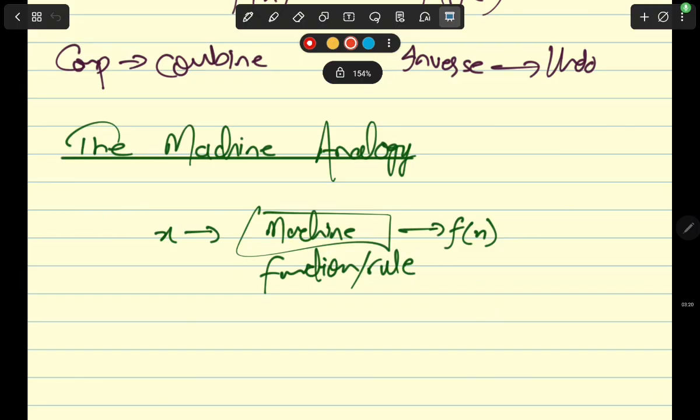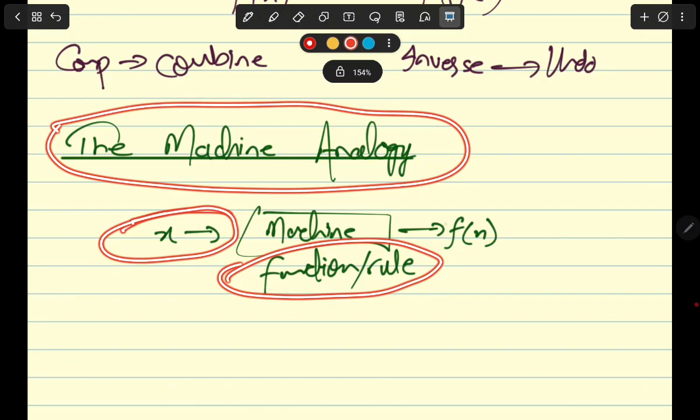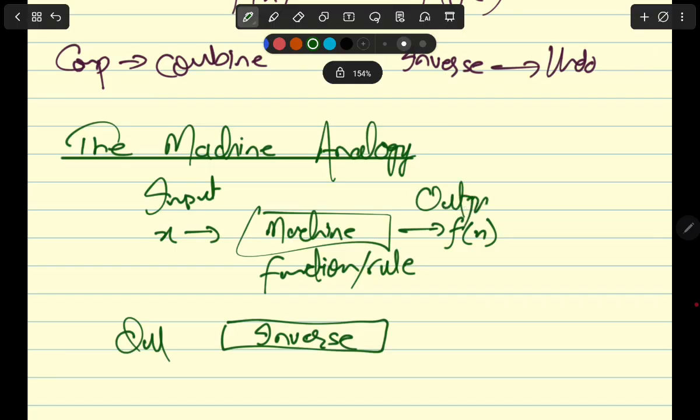As we were doing the machine analogy in functions, the rule is applied on the input variable and produces an output. Similarly, the inverse does exactly the opposite. If an output is fed into the inverse function, then it produces an input.